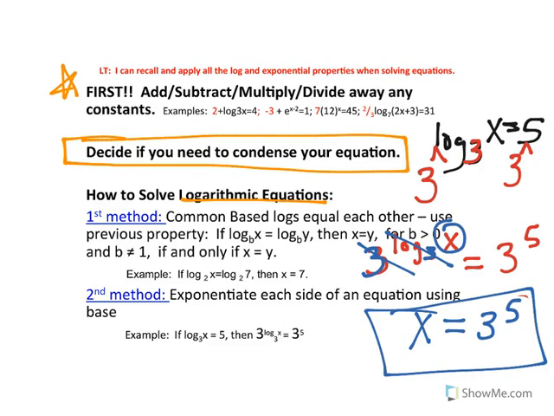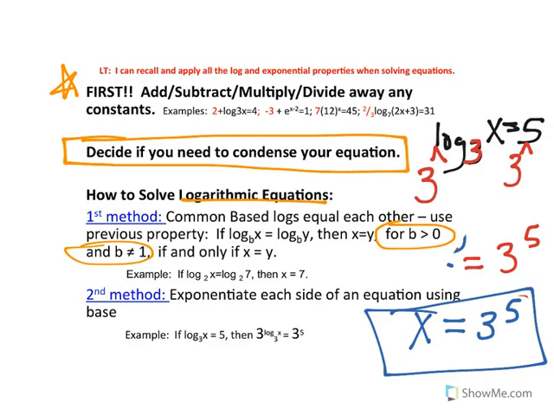Let me take you back to this right here. You have been reading this statement for several class periods now. It's how we introduced exponentials and logarithms, how the base has to be greater than 0 and it cannot equal 1.